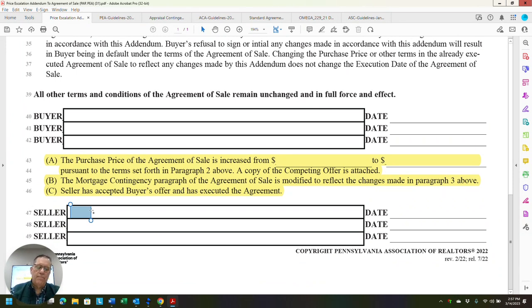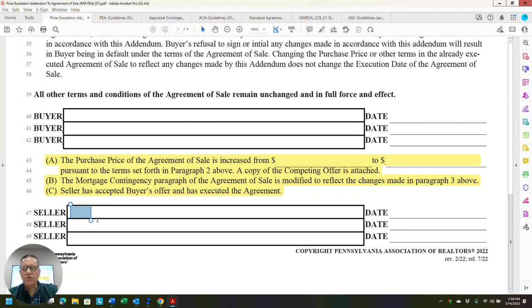Once that's all done, my recommendation is to talk to the listing agent and create a new agreement of sale, removing the price escalation agreement from paragraph 32, increasing the purchase price to the amount that was agreed upon based on the escalation, changing anything else down in the terms of the financing, and get a new clean offer that matches what you've agreed to based on the price escalation addendum and the original contract.